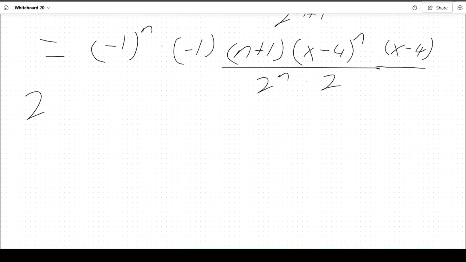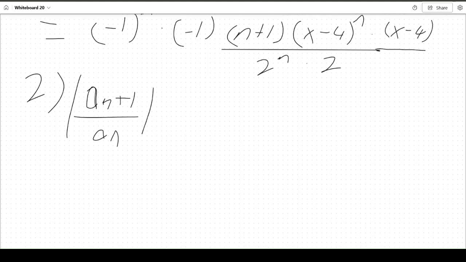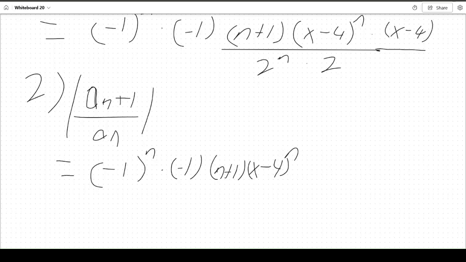And then second step, a_(n+1). Multiply by the reciprocal of a_n because that's technically the same as dividing.